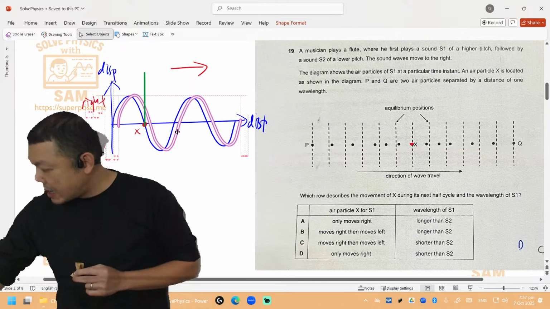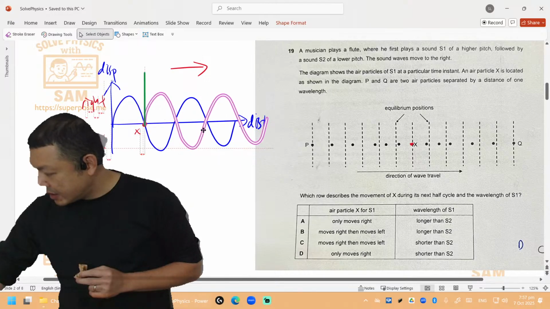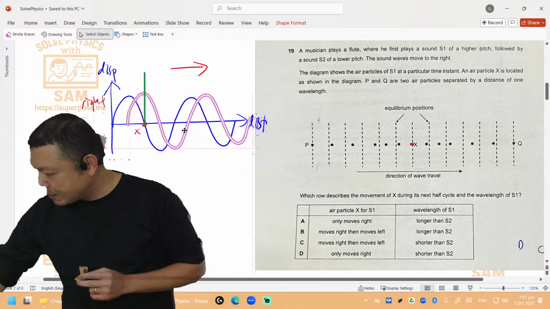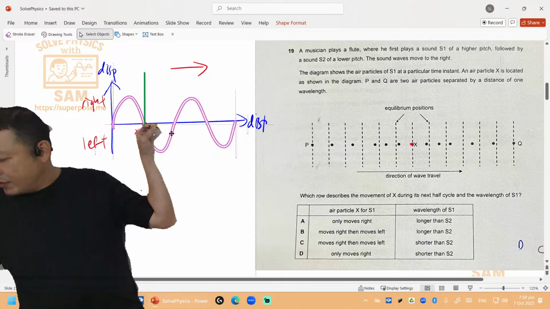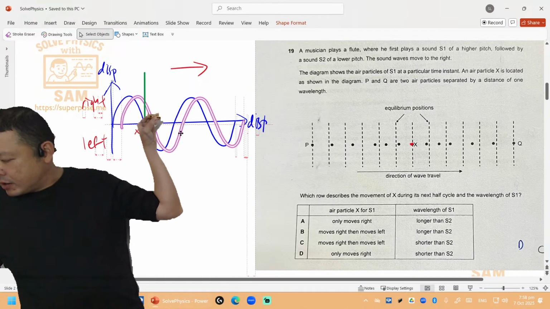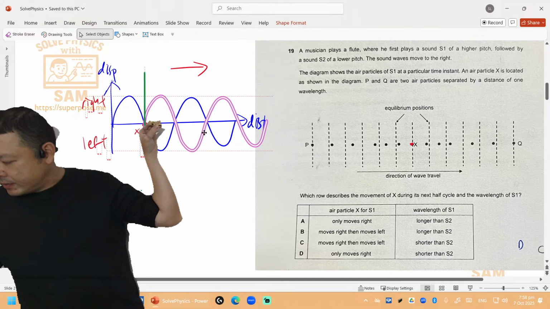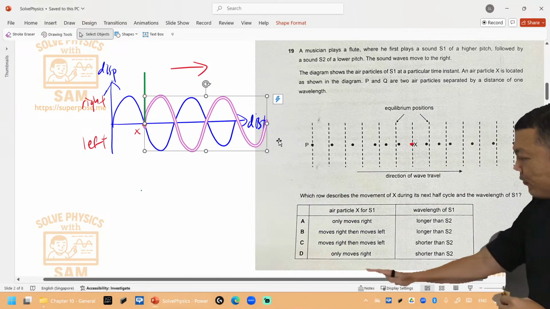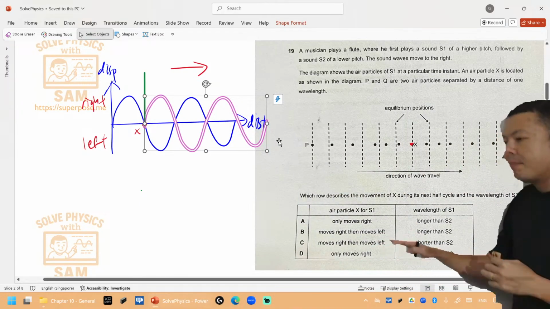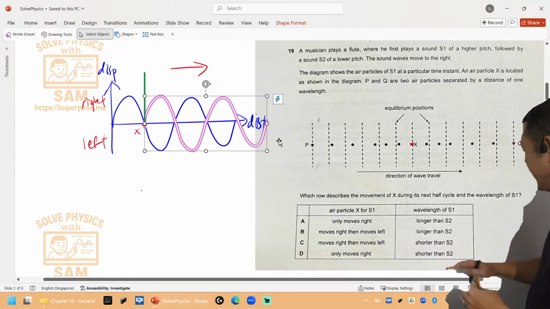So it goes up, up, up, and then down, down, down. As the wave travels, the particle goes up and then goes down. So based on the motion of the particle, it moves right and then it moves left, but it goes back to its original position. So C is the answer.